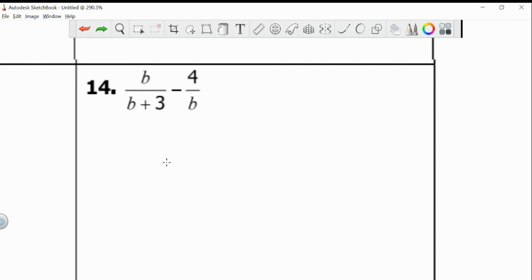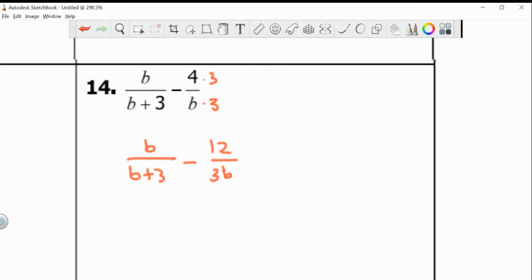Even smart students are going to be confused here. They'll be like, well, I guess we just have to multiply by 3, right? And if we try that, we're going to get b over b plus 3 minus 12 over 3b. Still not good. Still not the same, right? What the heck are we going to do?